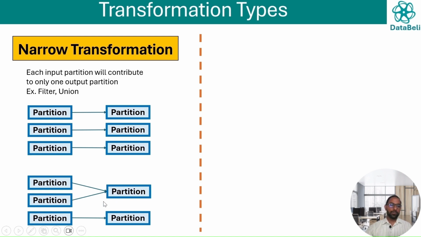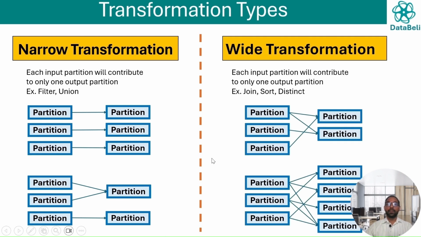So in this scenario also, each partition is contributing only to one output partition. So this type of transformation is called narrow transformation. In narrow transformation, either the number of partitions may remain the same or they may reduce also, but they will never increase.